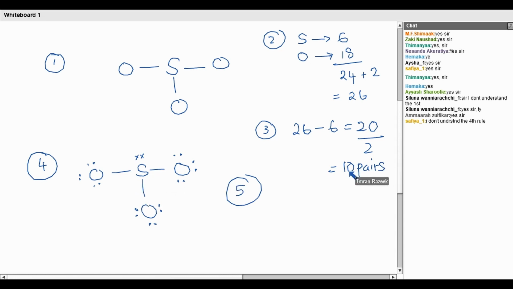Here you distribute the 10 pairs first among the terminal atoms so that each atom gets its electrons. Oxygen can hold 8 electrons, so I can put 3 pairs, 3 times 2 is 6, and this bond is 2 electrons, 6 plus 2 is 8. So I can put 3 pairs on each oxygen, 3 times 3 is 9, and the balance pair goes to sulfur, making 10 pairs. Is that clear?